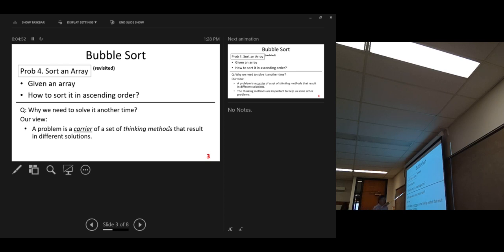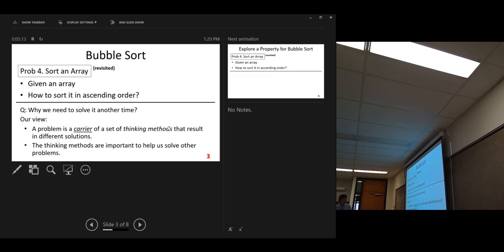This sorting problem carries so many different solutions and thinking methods, so we need to learn them. That's why we treat it as a treasure.